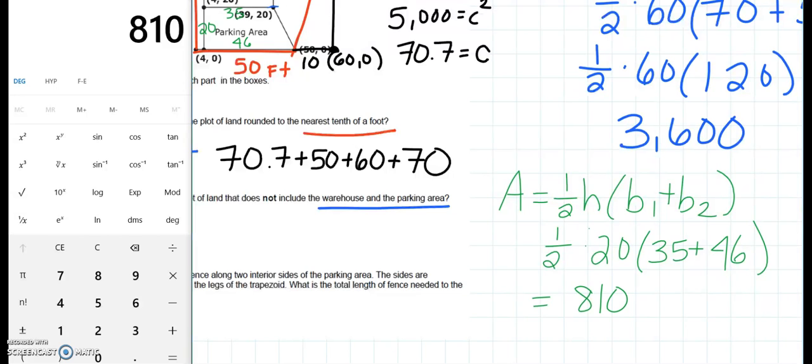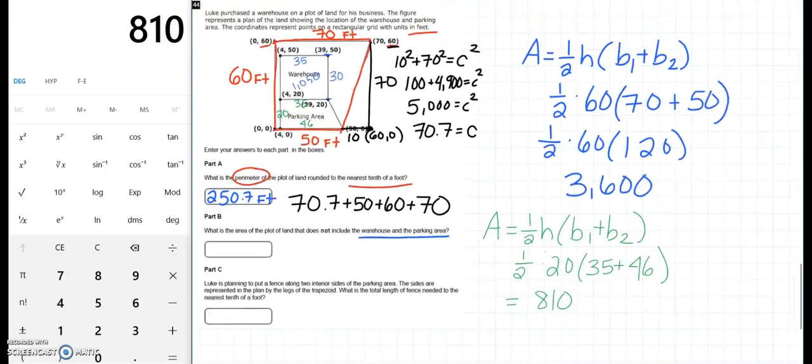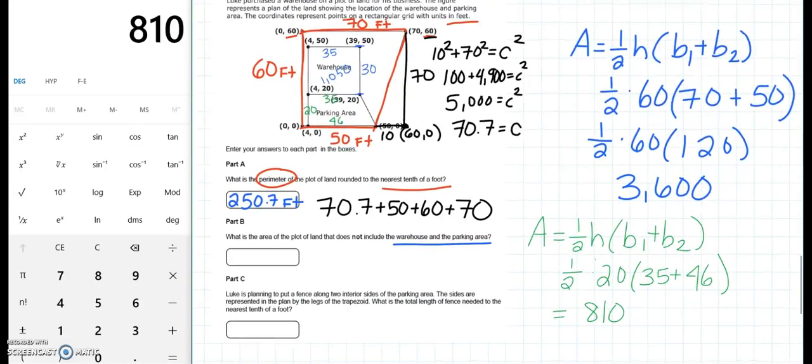Now, to get just the area of the land, not including the warehouse and the parking area, we have to subtract the 2 areas we just found. So our goal is to take the 3,600, the whole area of the land, subtract the parking area, which we just found to be 810, subtract the area of the warehouse, which we said is 1,050, and now we do that in our calculator.